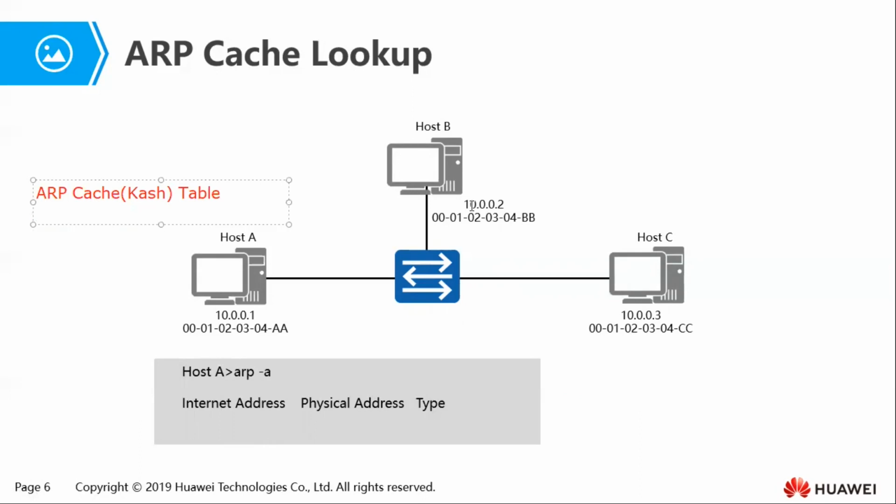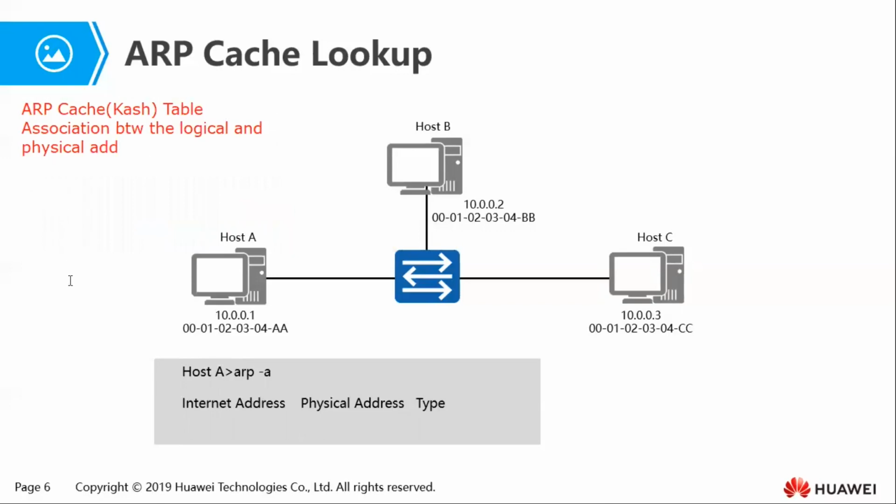This ARP cache table is simply used to build an association between the logical and the physical address, that is, between the MAC address and the IP address. So every host has it. I want to send to host C, so I'll have to check my ARP cache table.